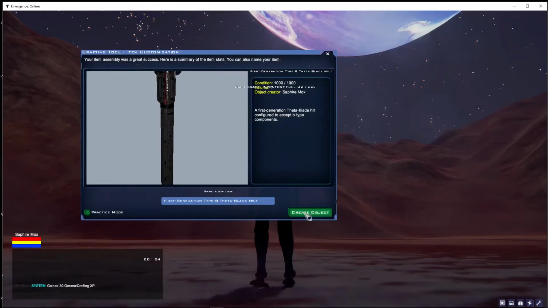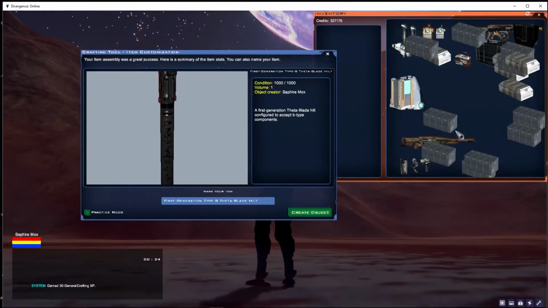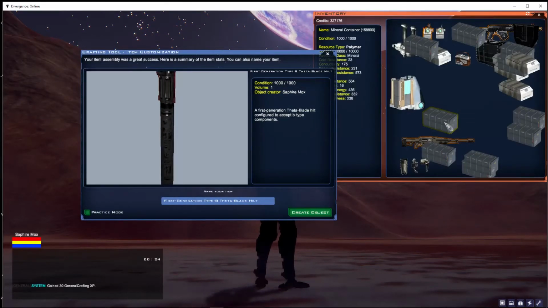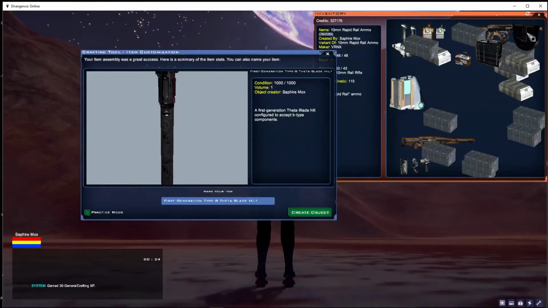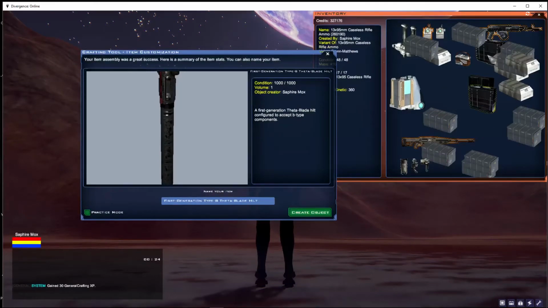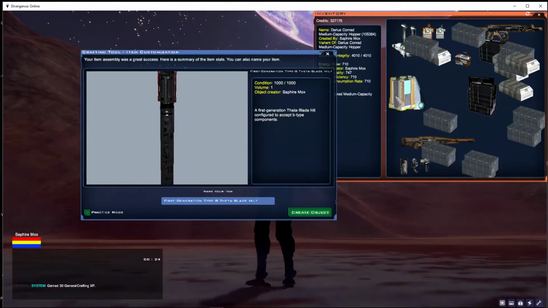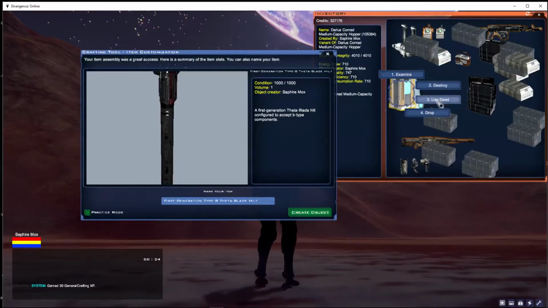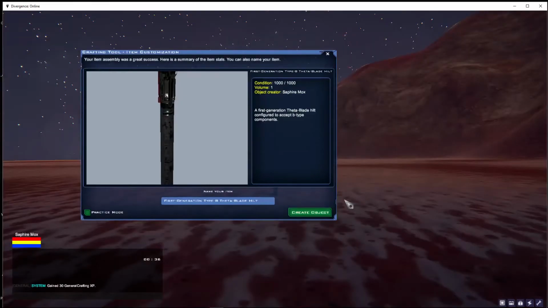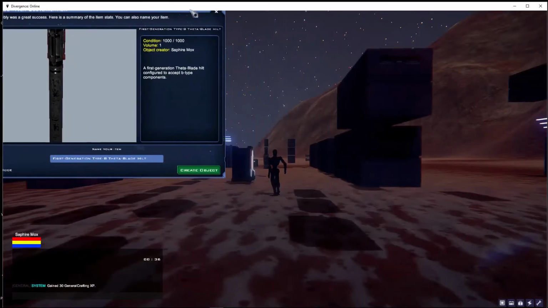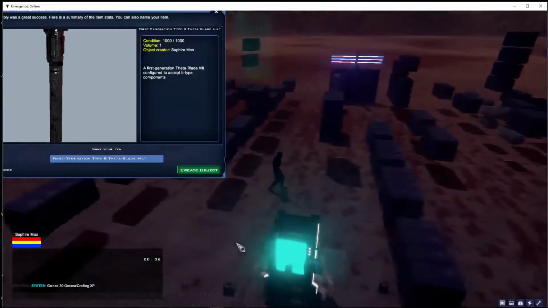And apparently I have too much stuff in my inventory. So what are we going to do here? We got this. We got that. We're going to have to deploy this. This over here.